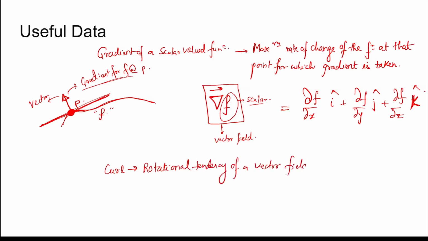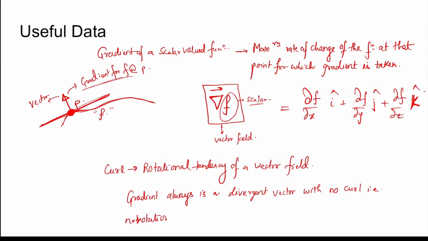Now you see, gradient is always a divergent vector with no curl, that is, no rotational tendency. So by the question they are asking us to find the curl of this gradient of this vector field.